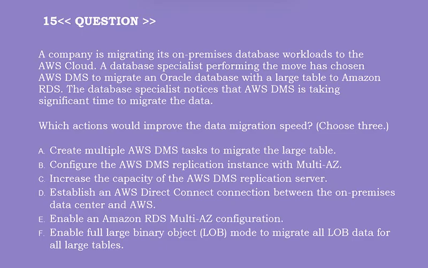Option D, establish an AWS Direct Connect connection between the on-premises data center and AWS. Option E, enable an Amazon RDS multi-AZ configuration. Option F, enable full large binary object (LOB) mode to migrate all LOB data for all large tables.